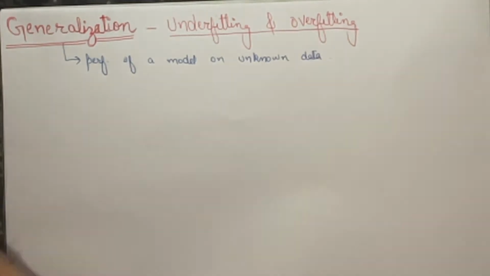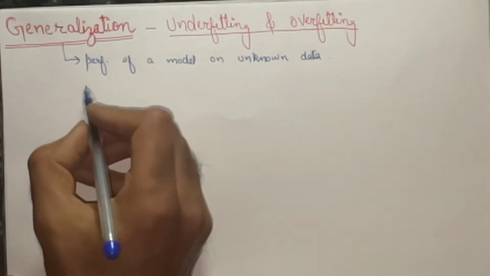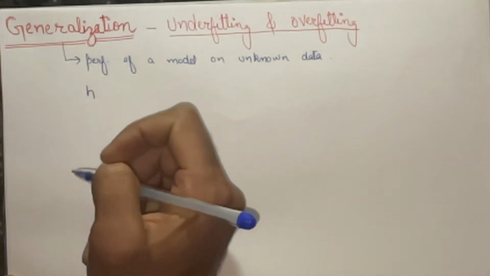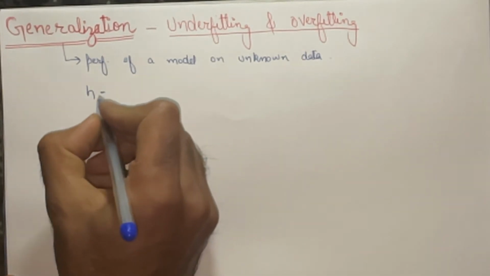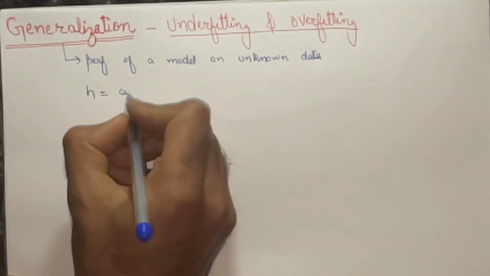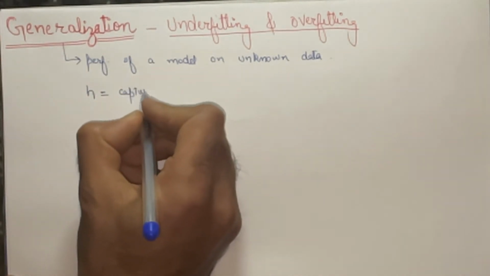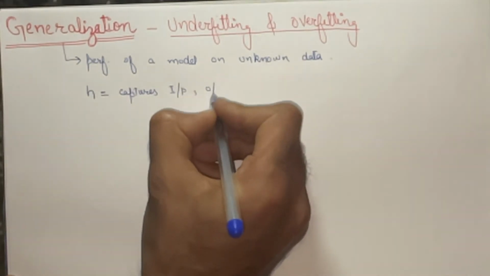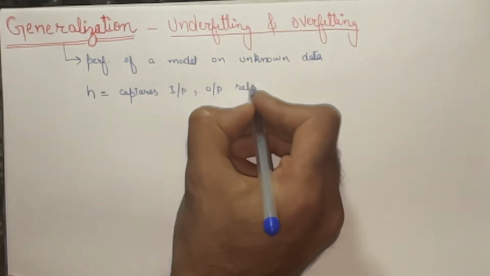In this lecture, we will be discussing generalization, or the performance of a model on unknown data. In our previous lectures, we found a hypothesis function, that particular function that maps, or captures, the input-output relationship.